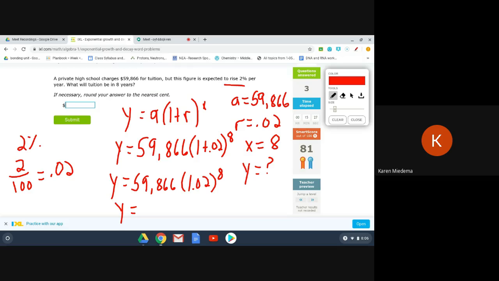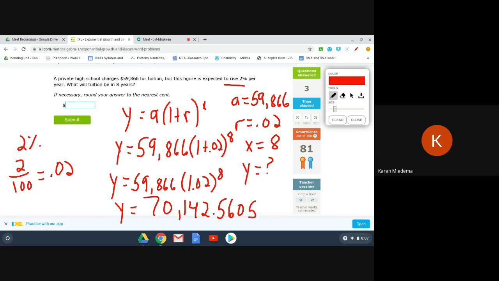And now I could carefully enter this into my calculator. 59,866 times 1.02, all raised to the 8th power. And I get 70,142.5605.